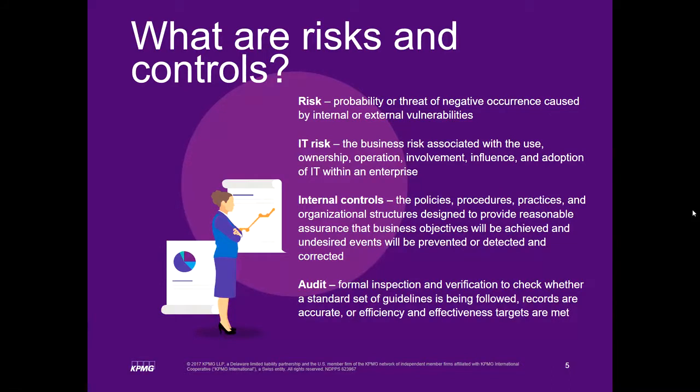And audit we've been talking about as basically an assurance vehicle where we're looking to see whether certain standards, certain assertions, are being met. We can combine all that together when we think about IT audit as basically an assurance service to ensure that IT risks are being mitigated and controlled in an effective way.